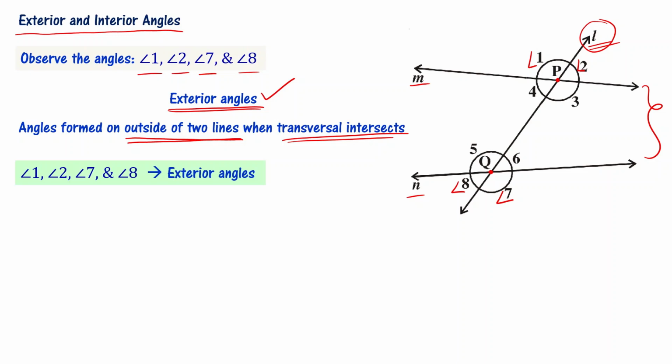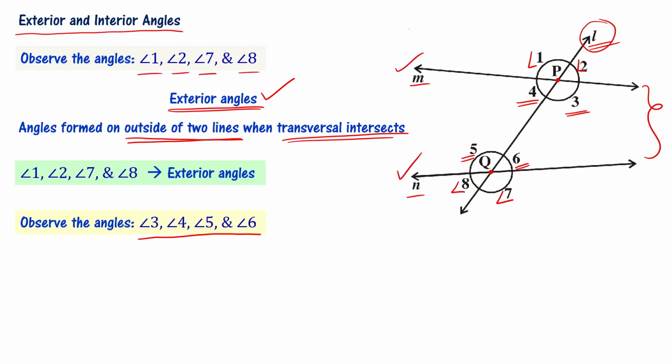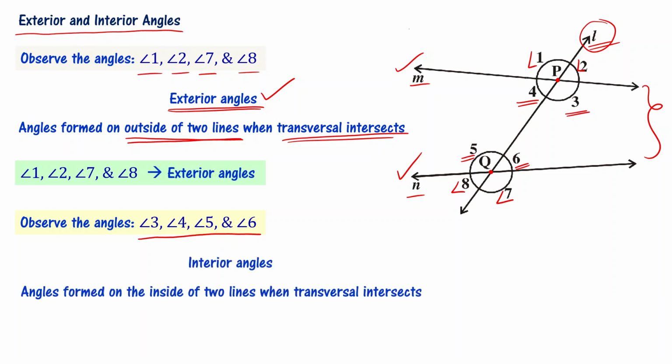Understood? Now, there are 4 angles, angle 4, angle 3, angle 6, and angle 5. These are in between these two lines, right? When you observe these angles, angle 3, 4, 5, and 6, they are between these two lines. Those angles are called interior angles.